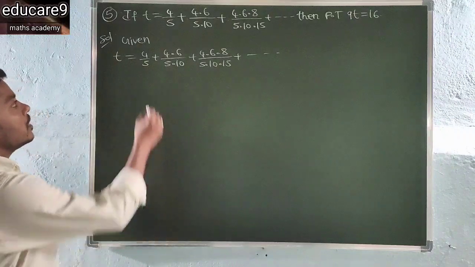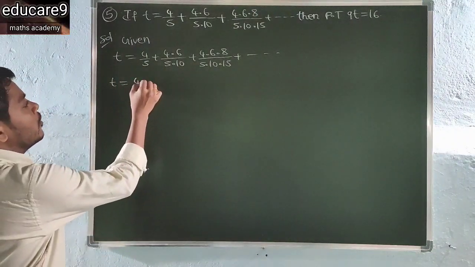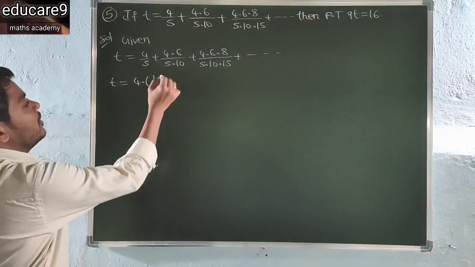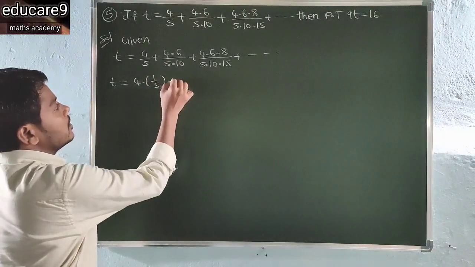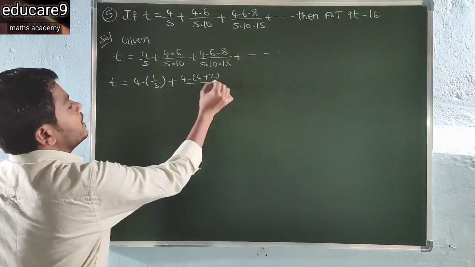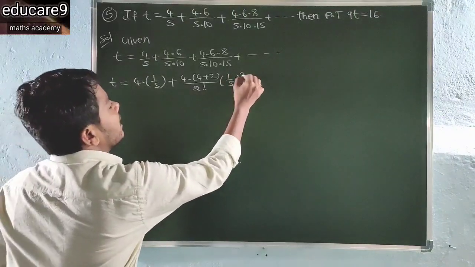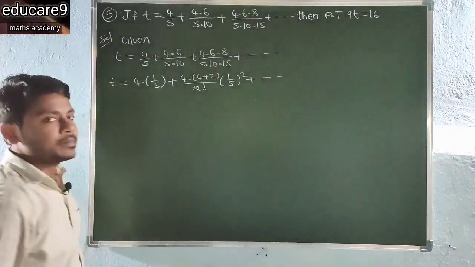Okay, now this can be written as t is equal to 4 into 1/5, and this one 4 into (4 + 2)/2 factorial into (1/5) whole square and so on.